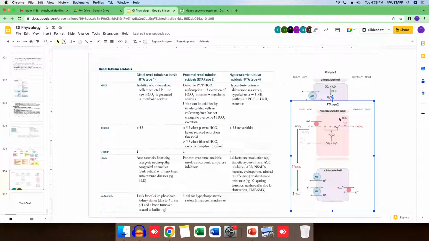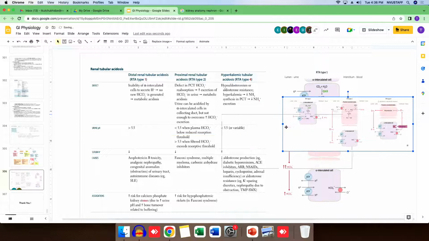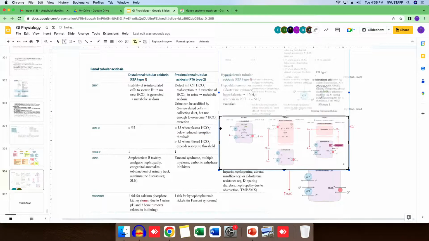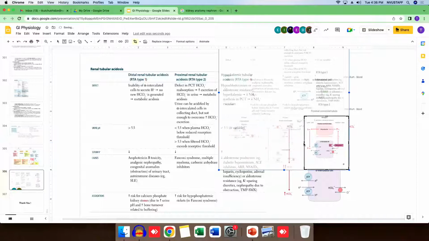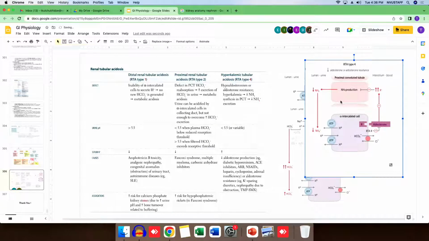And the final one, we have hyperkalemic tubular acidosis, which is caused by hyperaldosteronism or aldosterone resistance, and we have, for example, hyperkalemia, meaning our NH3 level will be low, and meaning that we have low excretion of NH4, right?